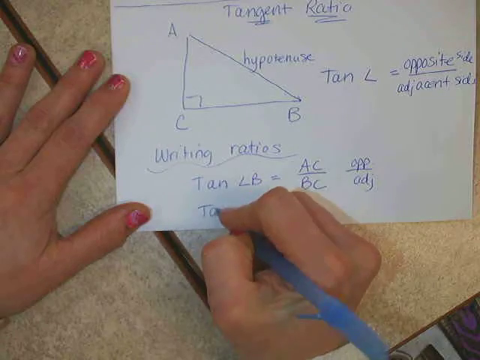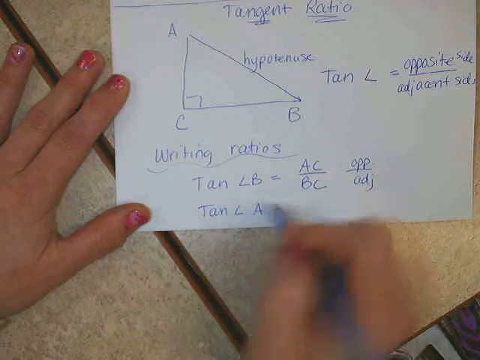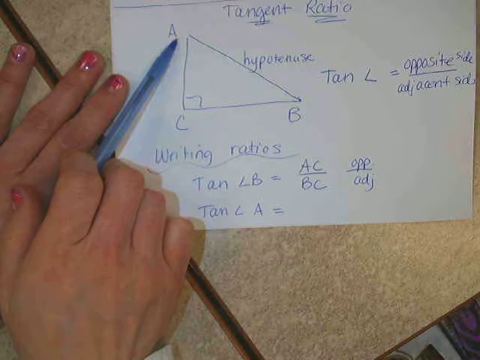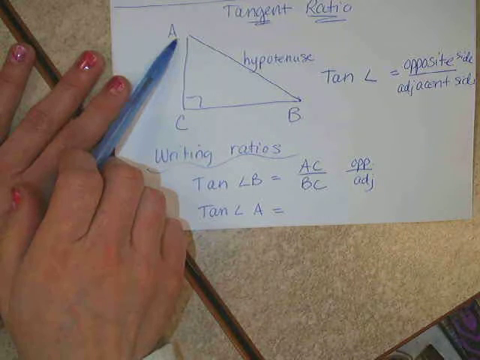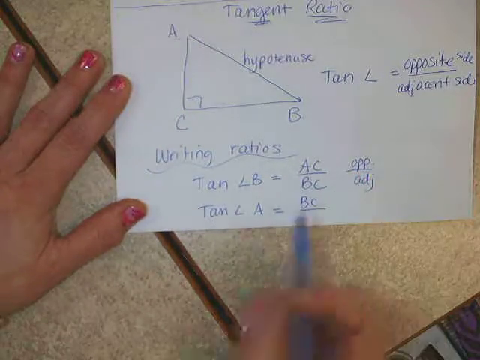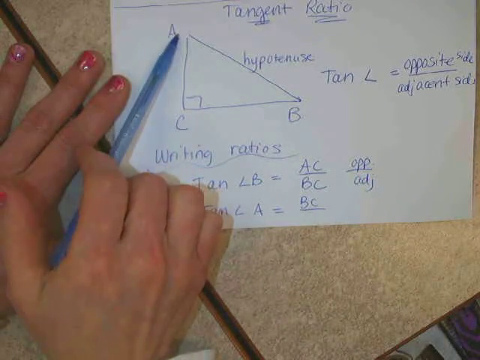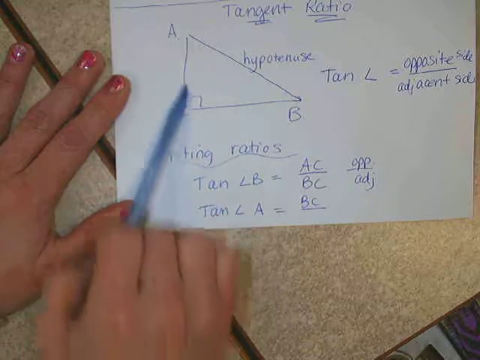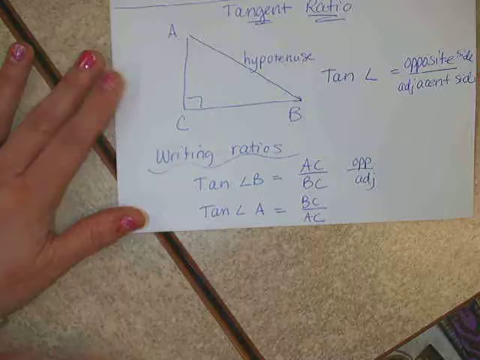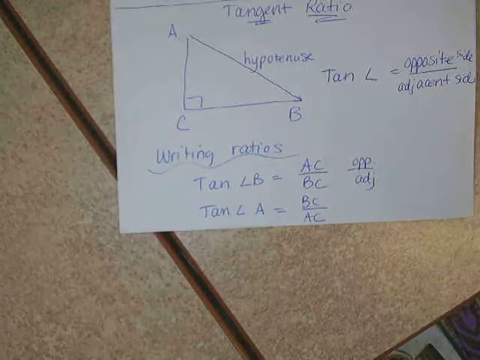Okay? Now, if I switch and I want to talk about A, I would say the tangent of angle A. Okay? What is the opposite of angle A? Yep. BC. And then the adjacent to angle A is AC.